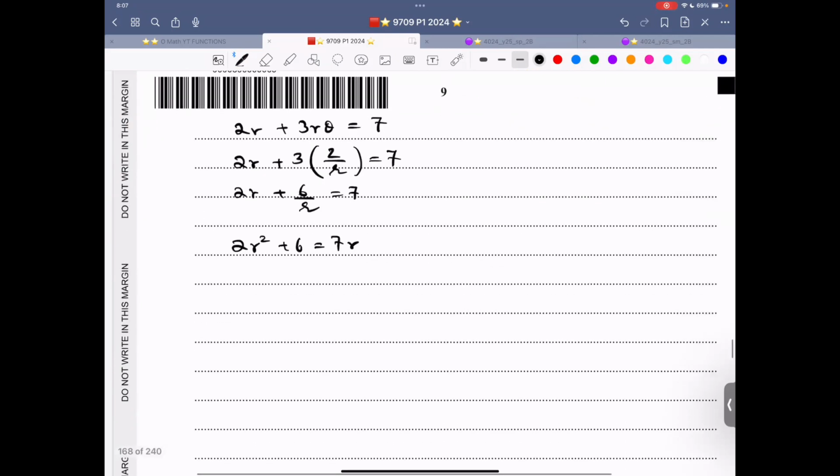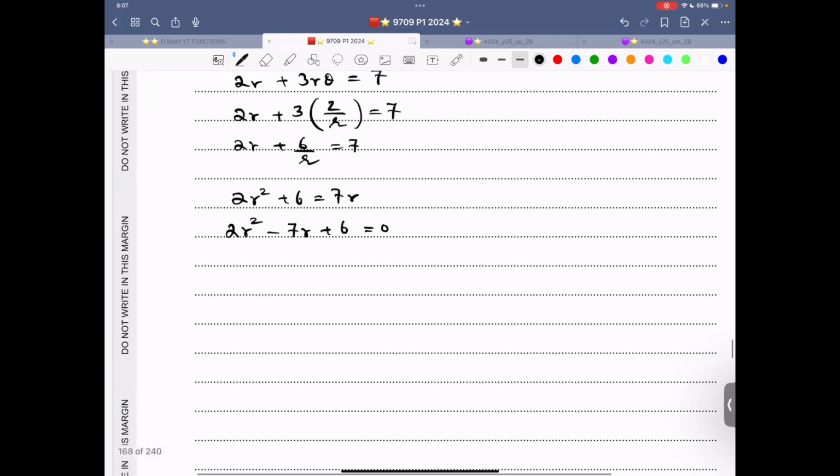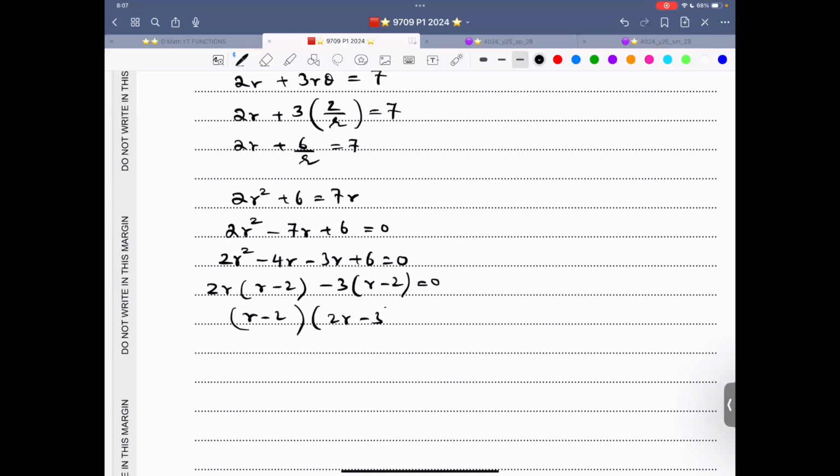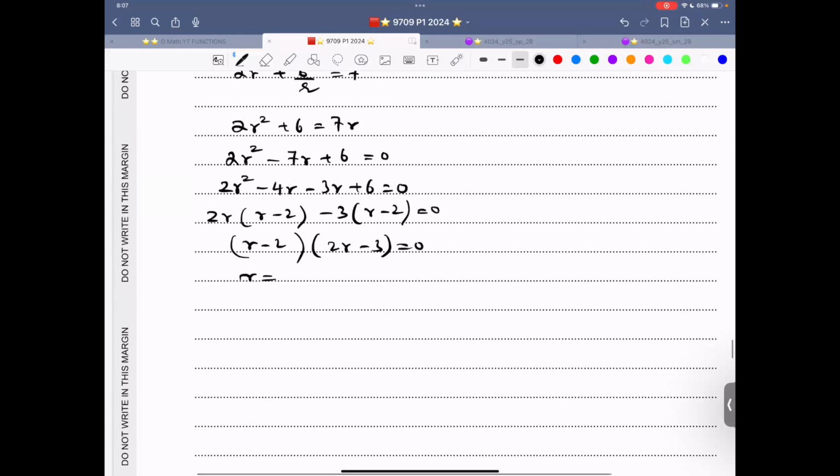Yes, we are getting a quadratic, and that was supposed to happen. 2r squared minus 7r plus 6 is equal to 0. And for 2r squared, that's negative 3 and negative 4. So negative 4r, negative 3r plus 6 is equal to 0. 2r, r minus 2, minus 3, r minus 2 equals 0. r minus 2, 2r minus 3 equals 0. Therefore, r is 2. Therefore, r is 3 over 2.